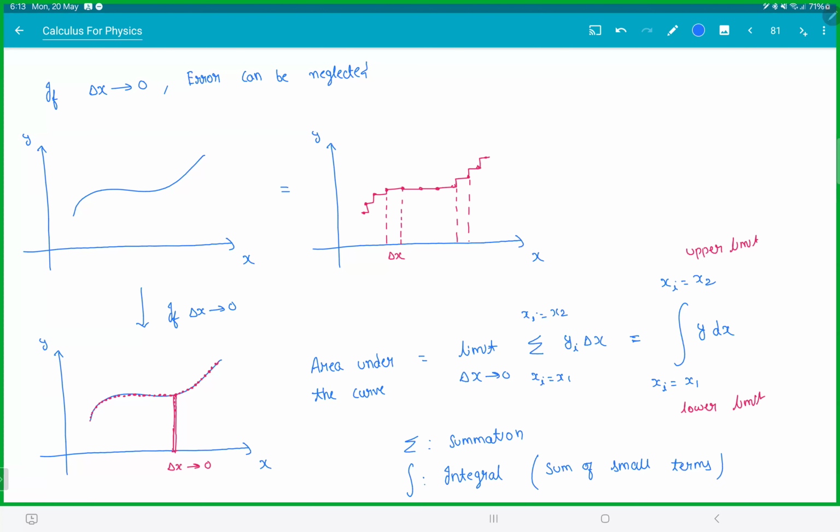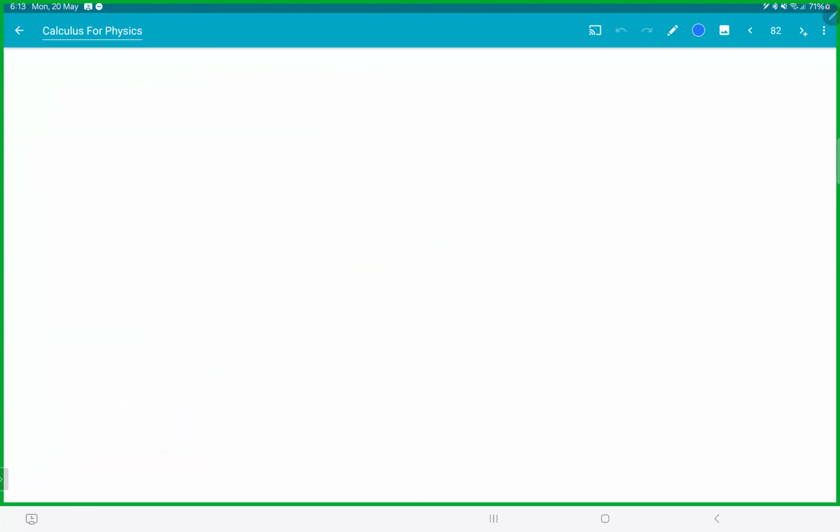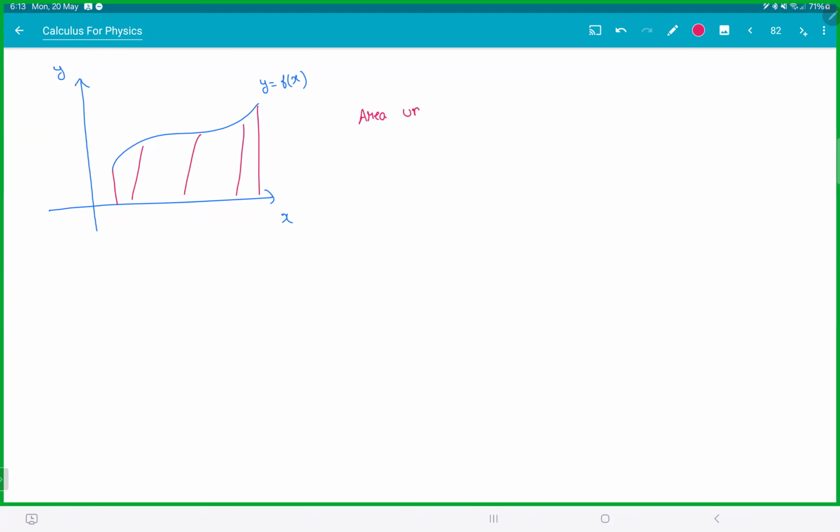So whenever someone asks you what is area under the curve, let's say this is y is equal to f of x. So this area under the curve is integral y dx.